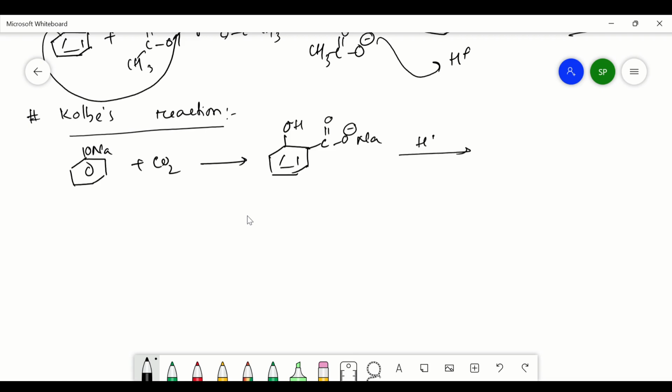Reaction with HCl produces salicylic acid.